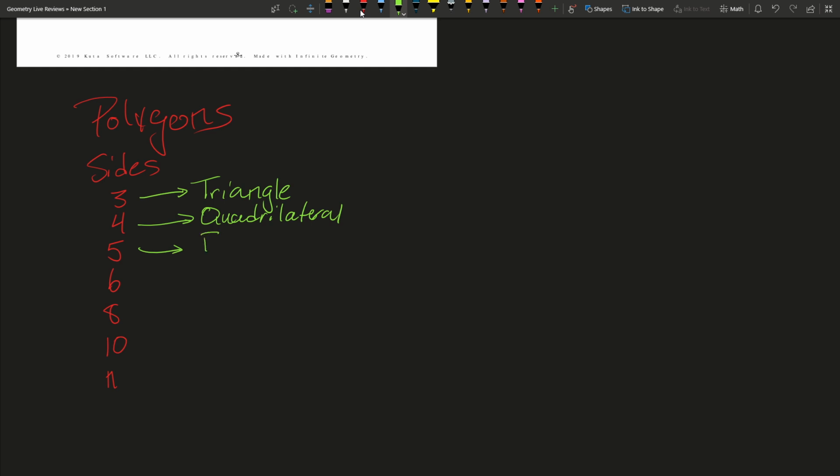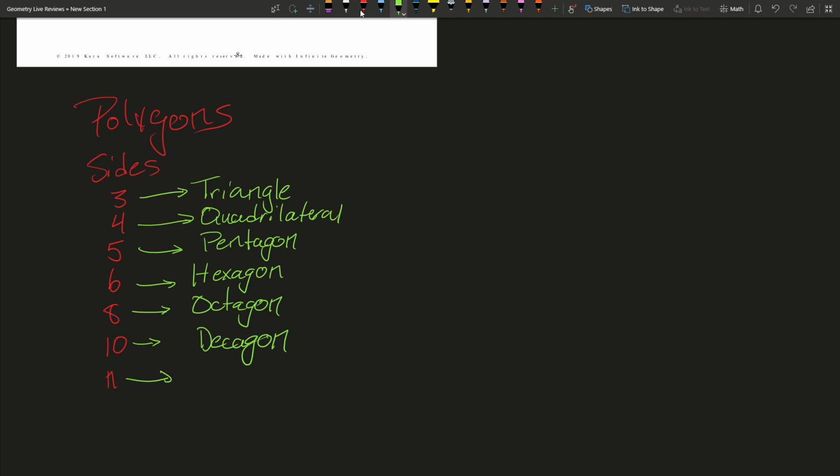Five is a pentagon. 6 is a hexagon. 8 is an octagon. 10 is a decagon. And then if there are n sides past that, it's an n-gon. So you gotta know those.